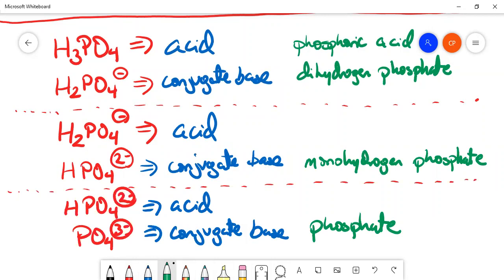Carbonic acid and phosphoric acid are examples of polyprotic acids. They're examples of acids that have the capacity to give up more than one hydrogen ion. They stand in contrast to the monoprotic acids like hydrochloric acid and nitric acid.